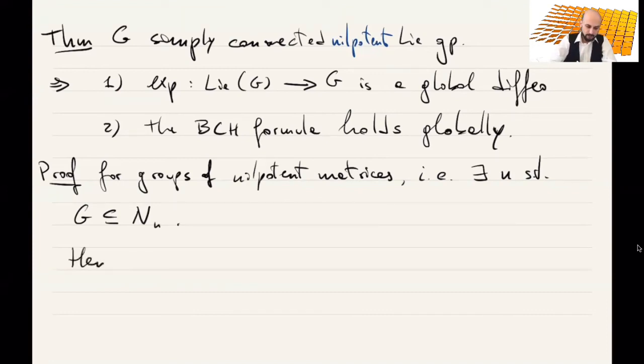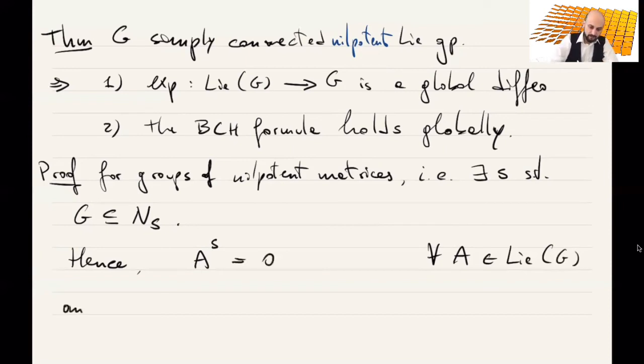Therefore, hence what we have, and let's fix it because this is actually the step, we're going to call it s. What we have is that if I take the s power of elements in the Lie algebra of G, then the s power is 0.